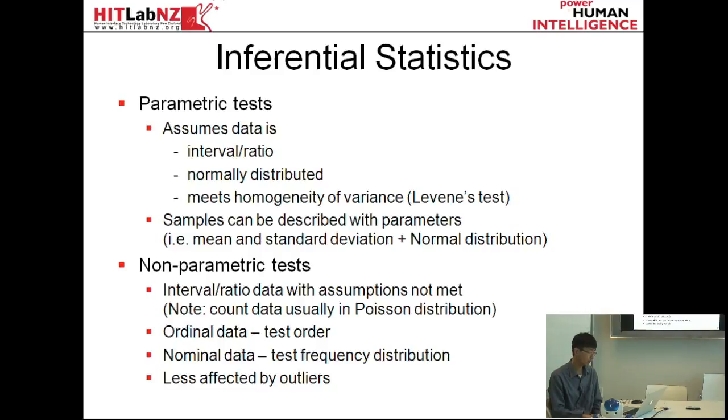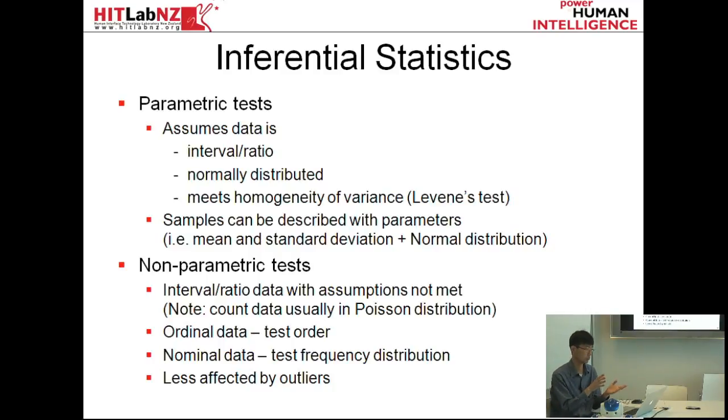That's why even if your data is interval ratio, if it's not normally distributed, then you cannot really use parametric test, but you'll have to fall back to non-parametric test. This is only for interval ratio. So if your data is interval ratio and it's normally distributed, then you can use parametric test.